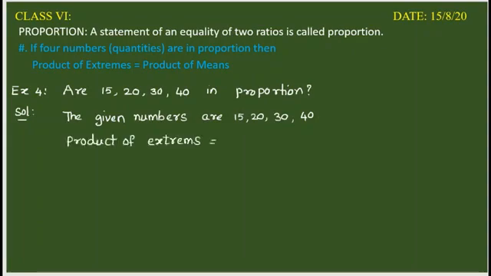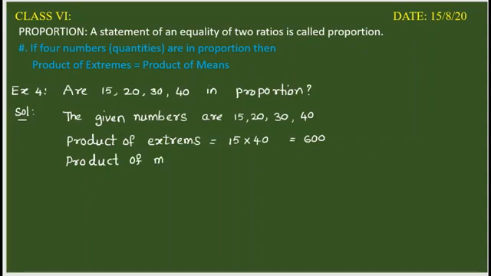Here product of extremes equal to 15 must be multiplied by another number, 40. So when we multiply 15 by 40, we get 15 4s are 60 and 0 will be suffixed. Total the product we get 600. Now let us find the product of means.